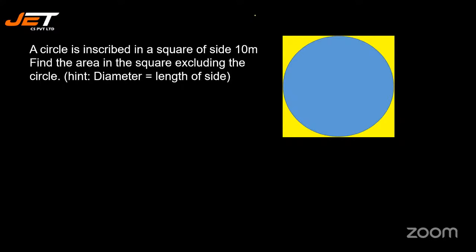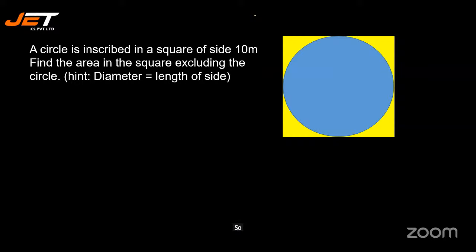You can make use of the hint. Diameter is the length of the side. So what is the length of the side? 10 meter. Right. So what is the radius? 5 meter.